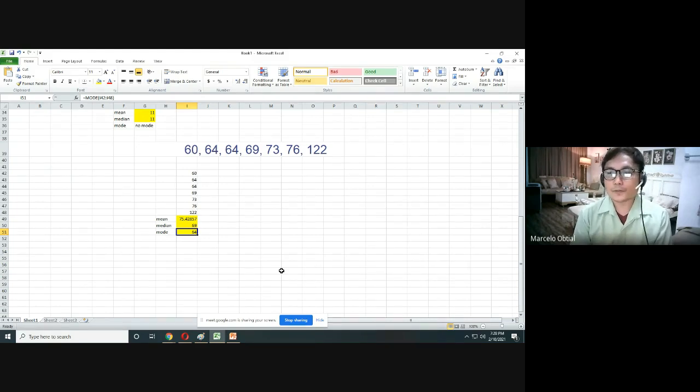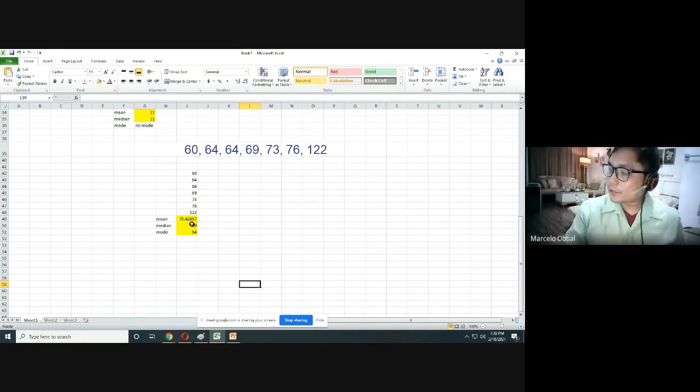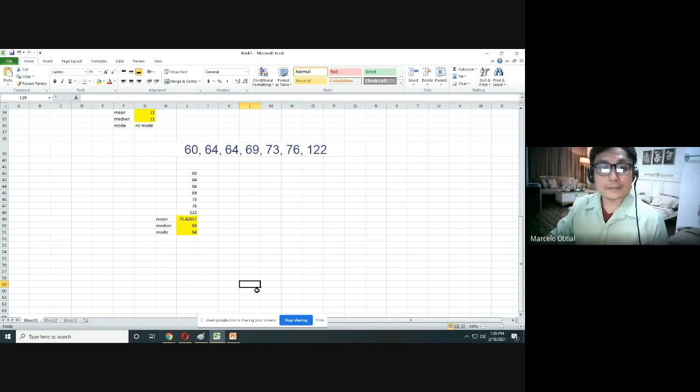Now this is the question. When will you use mean, median, and mode? When will you use them, class? Is there a specification that in this situation you use the median, and in that situation the mode or mean or average? Anybody? Do you have any idea? None? Maybe this wasn't taught in undergrad. I don't remember it being taught. We were only taught how to solve for mean, median, and mode.